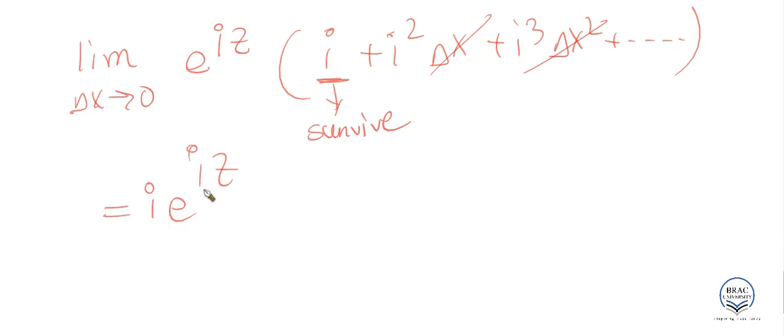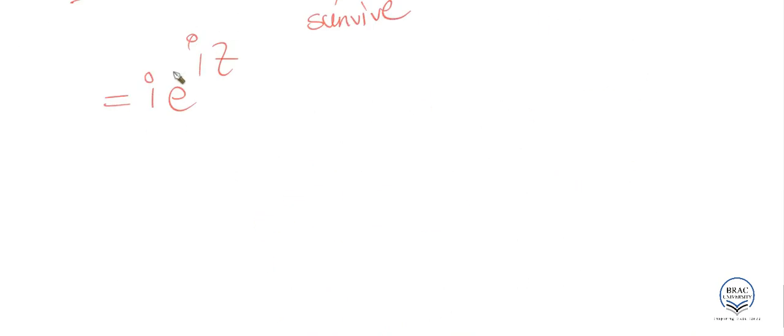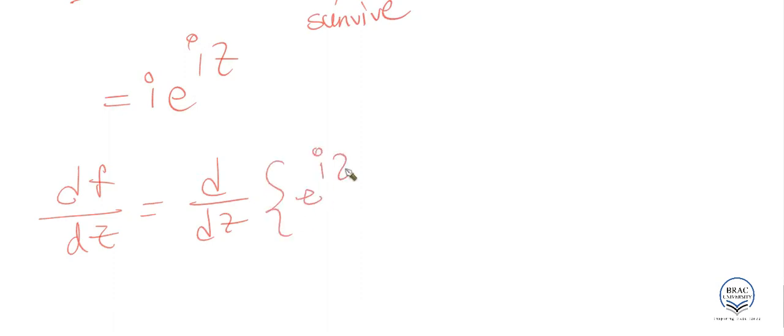And you can see that in the previous case we also had this thing, i e to the power iz, and in this case the result is the same. So you can safely say that this is equal to i e to the power iz.